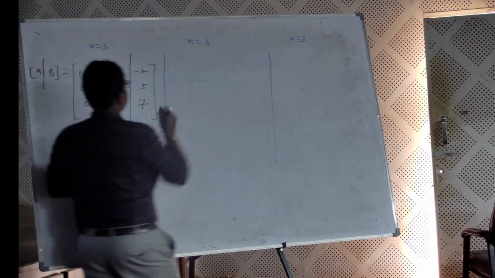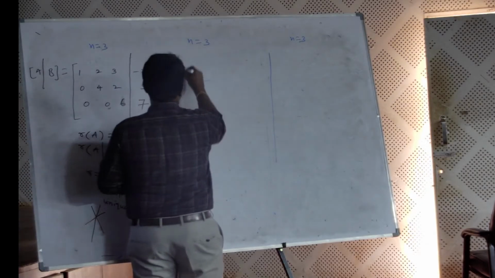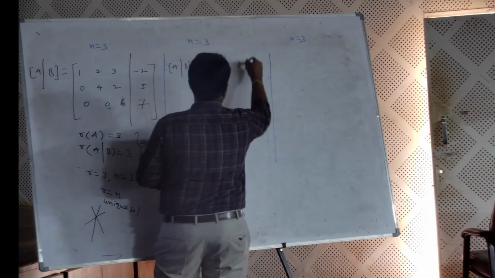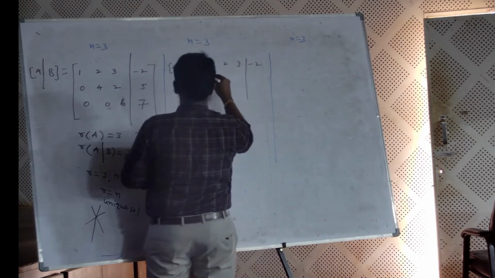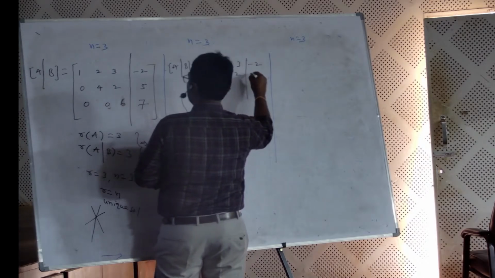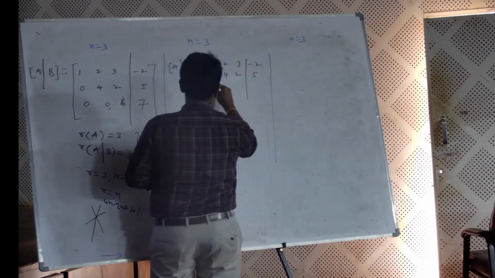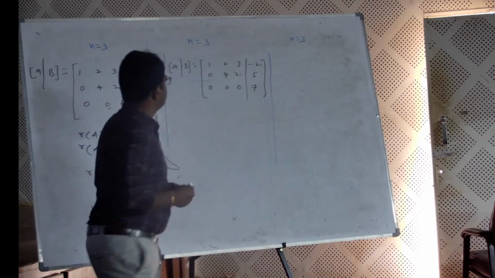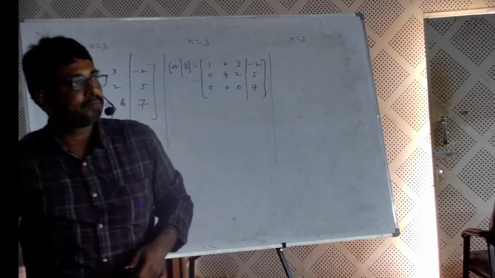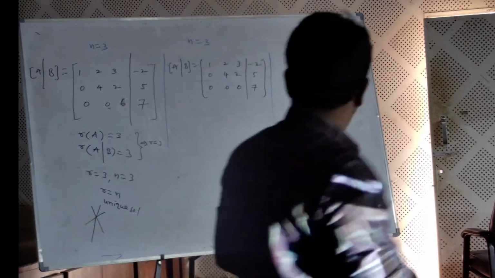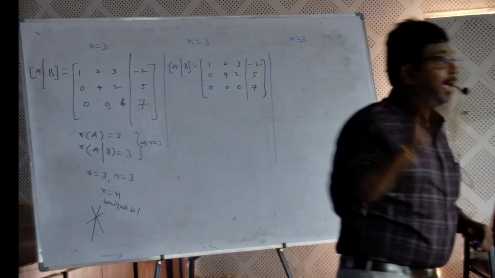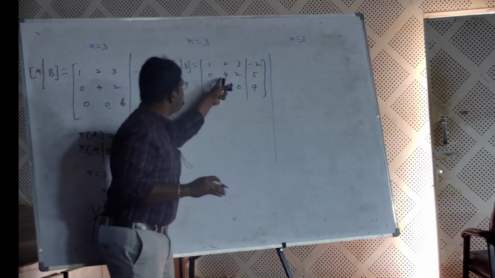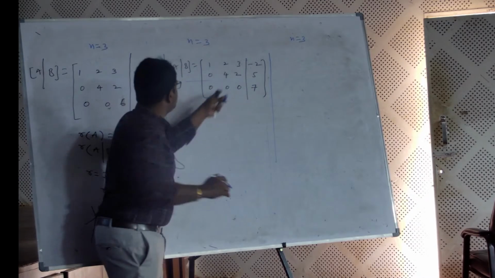Now, observe carefully. What are the elements of A? 1 2 3, 0 4 2, 0 0 0.